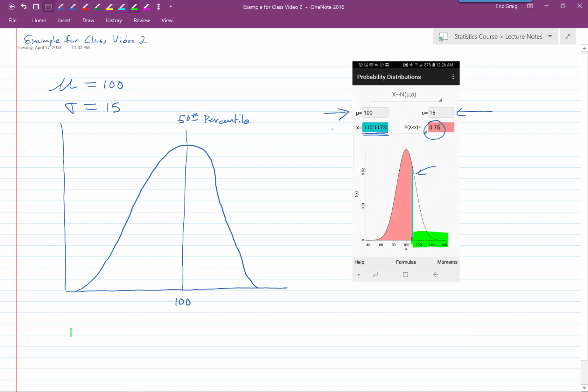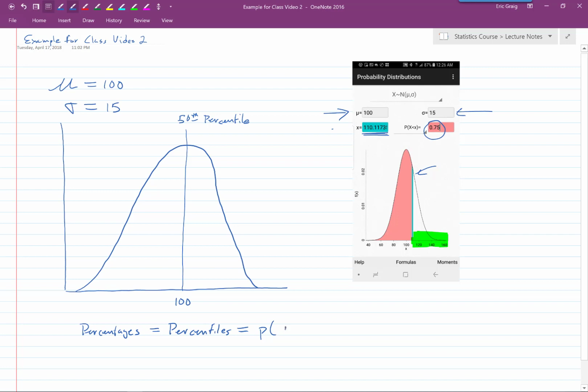Now let me just make this clear to say that we have dealt with percentages, but they are the same as percentiles, and they are also the same as saying the probability of being in a particular value.